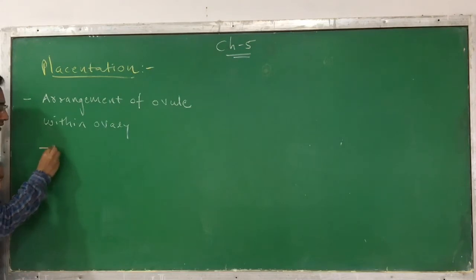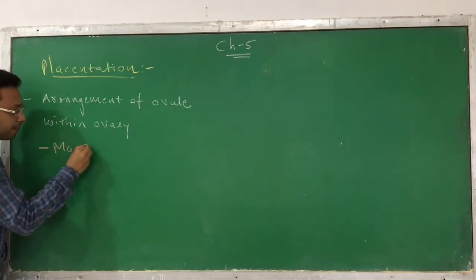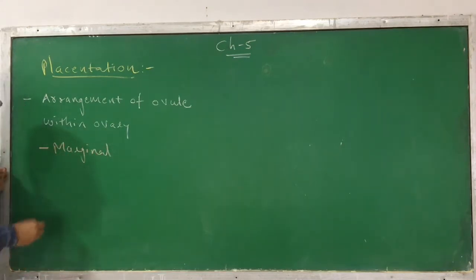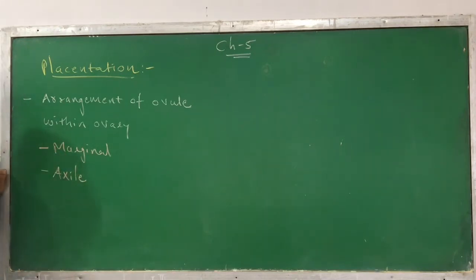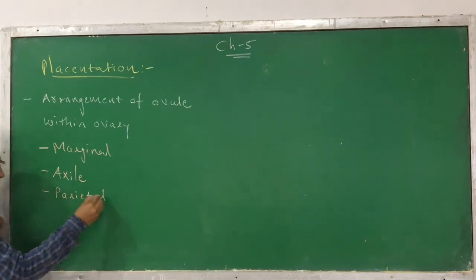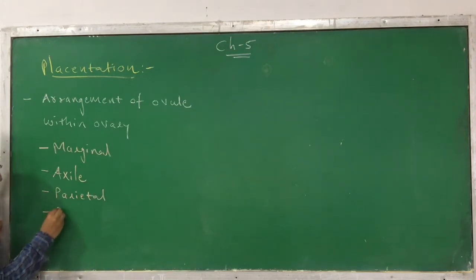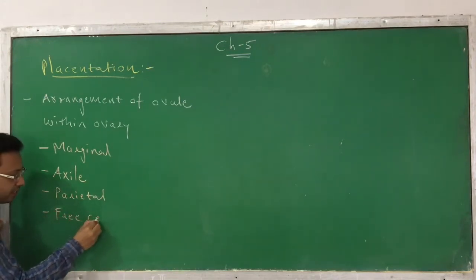The first kind of arrangement of ovules is called marginal placentation. The second one is called axial placentation. The third one is called parietal placentation. The fourth one is called free central placentation.